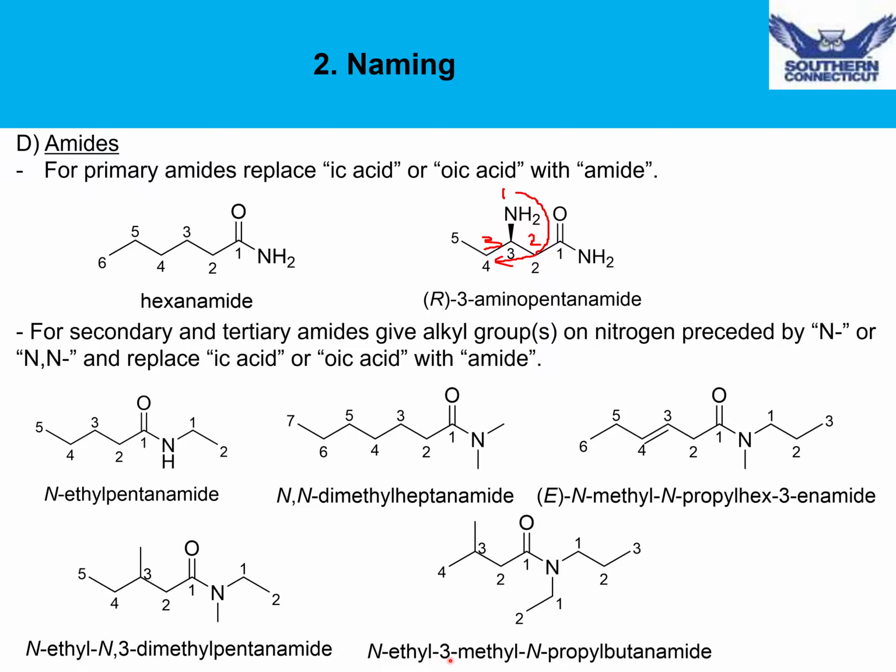We also have a methyl substituent on carbon 3. And then we have a propyl group on the nitrogen as well. So notice we alphabetize the 3 substituents, whether they are on the nitrogen or somewhere on the parent chain. It does not matter. We alphabetize them and treat them the same way. Lastly, we have 4 carbons in the parent chain. So this is a butanamide.